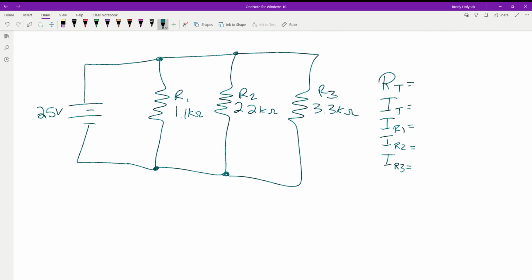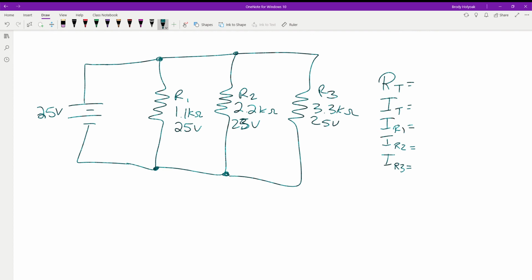Currents will add together to get our total, and we use the reciprocal methods to find the actual resistance values. So to start with, what is the voltage across each one of these resistors? 25 volts. When you go up and measure this, you should be able to measure 25 volts across every single one of those.